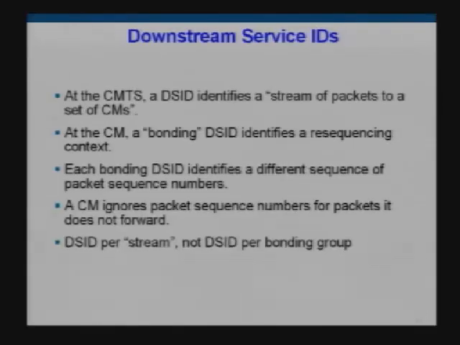We already talked about the downstream service IDs. Downstream service IDs play a key role in packet resequencing because a DSID represents a particular stream, and a DSID also represents multicast flows. In fact, the advantage of using a DSID with multicast flow is that a cable modem can filter or forward the relevant multicast flows based upon the DSID, because the CMTS uses a signaling mechanism via the dynamic bonding change to let the cable modem know which DSIDs correspond to multicast flows it needs to forward or filter.